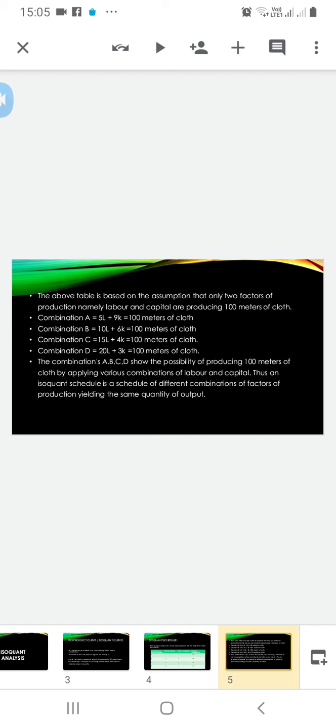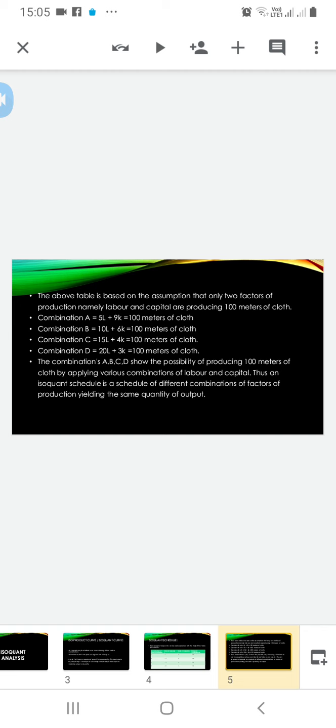The above table is based on the assumption that only two factors of production, labor and capital, produce 100 meters of cloth. Combination A, 5L plus 9K, is equal to 100 meters of cloth.